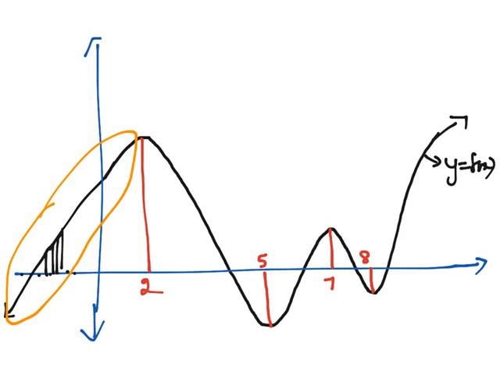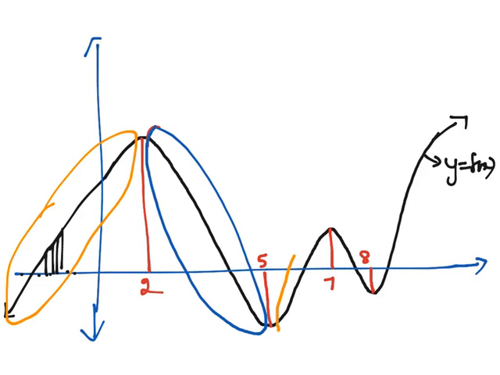This part of the curve, as you can see, the function is decreasing, isn't it? Again, from here to here, the function is increasing, and then here again, the function is decreasing. This part of the curve is decreasing, and finally it starts increasing.